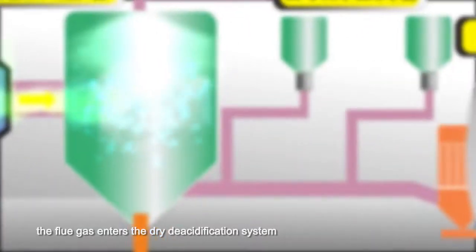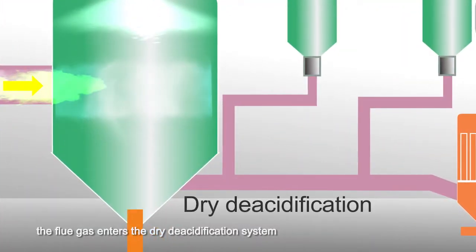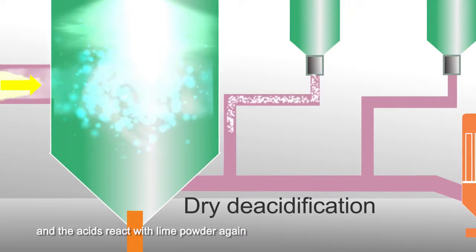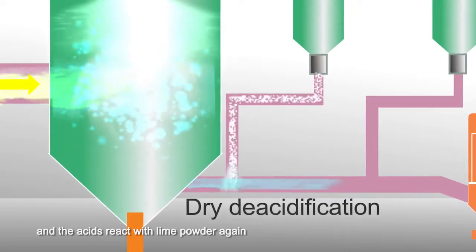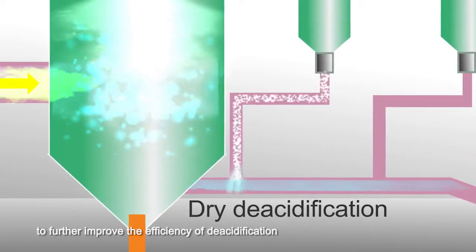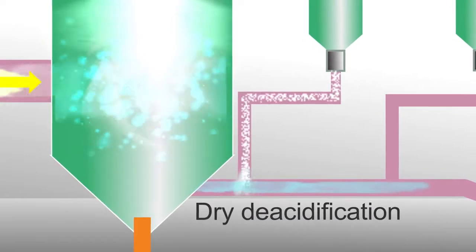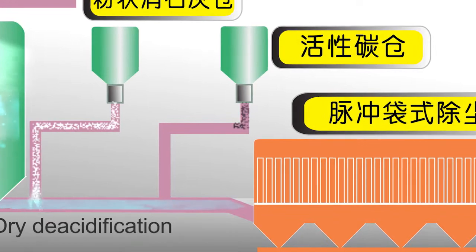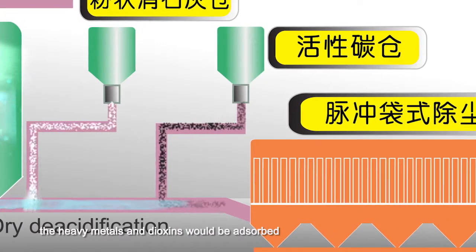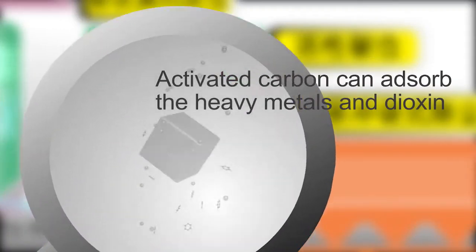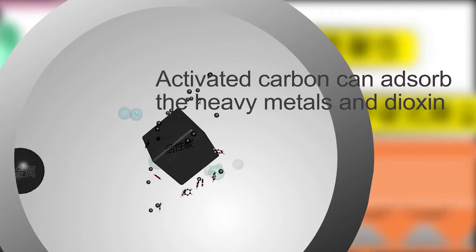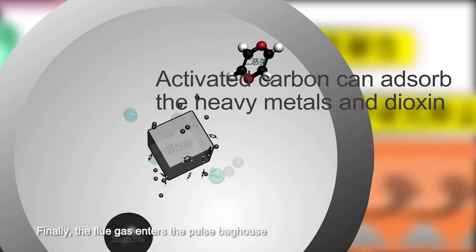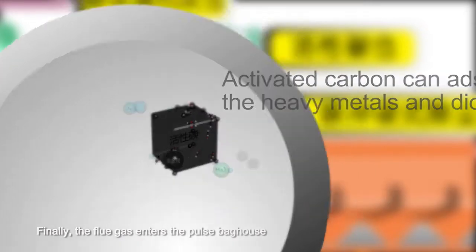Afterwards, the flue gas enters the dry deacidification system and the acids react with lime powder again to further improve the efficiency of deacidification. When the flue gas gets into the activated carbon spraying zone, the heavy metals and dioxins would be absorbed. Finally, flue gas enters the pulse baghouse.